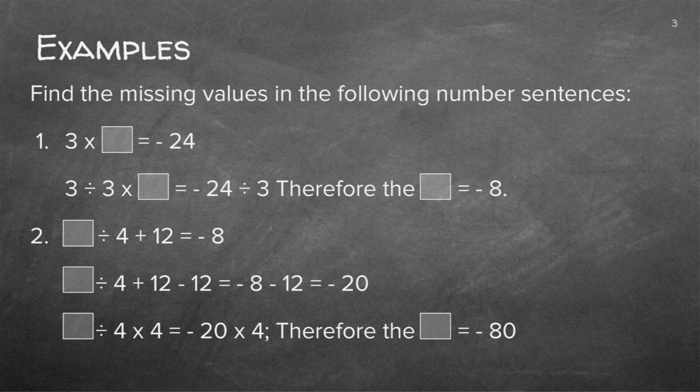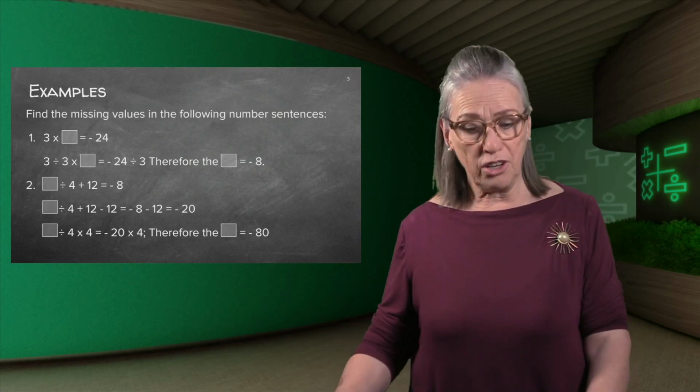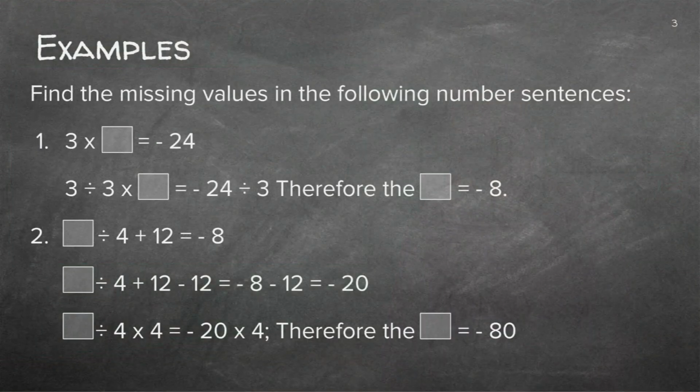So in order to get rid of the 3, we're going to divide by 3 on this side. But remember, what we do on this side, we must do on the other side. So if we say 3 divided by 3, which will give us 1, equals then minus 24 divided by 3. Remember, we've got to do it on both sides.